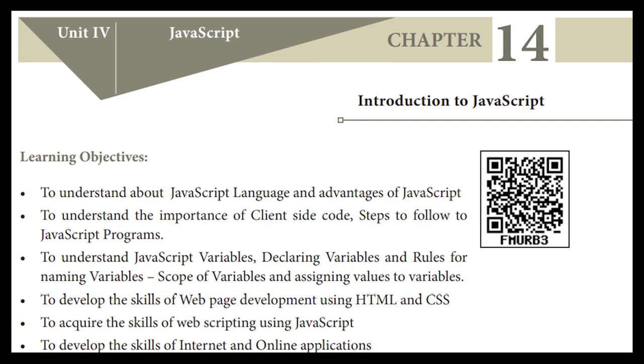Example means variable a is equal to 1 plus 2, and the result is variable a is equal to 3, like that. The answer will be given. In that way you can write a line for addition, subtraction, multiplication, division. That is the first part, arithmetic operators.